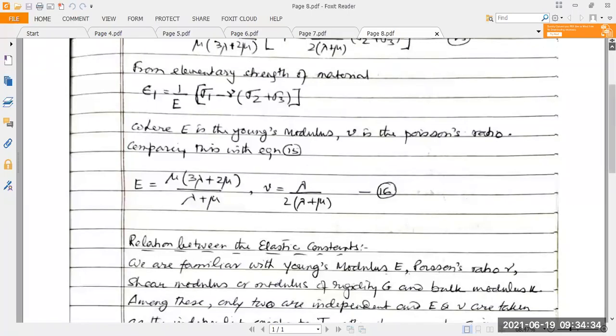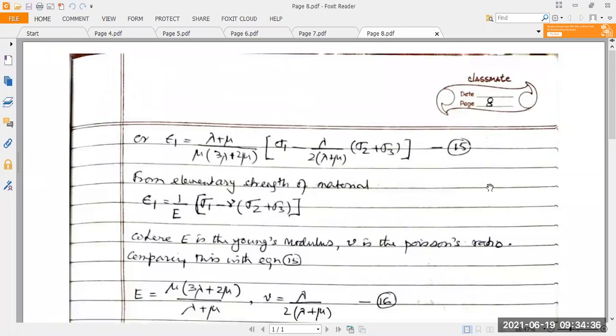In a similar fashion, epsilon 1 in terms of sigma 1 becomes this relation: lambda plus mu over mu into 3 lambda plus 2 mu times sigma 1, minus lambda over 2 mu into 3 lambda plus 2 mu times sigma 2 plus sigma 3 itself.